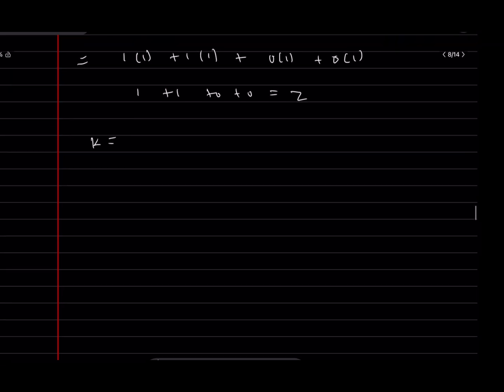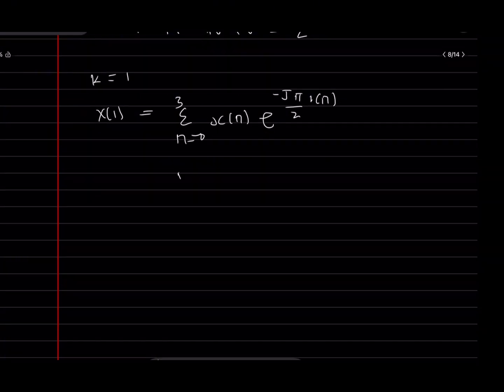Taking k to be equal to 1, we are going to get X of 1 equal to summation of n equal to 0 to 3 of x of n exponent negative j pi over 2, but since k is equal to 1, it's 1 multiplied by n over there. Now if n equal to 0, we get x of 0 exponent 0. Plus if n equal to 1, we get x of 1 exponent negative j pi over 2.